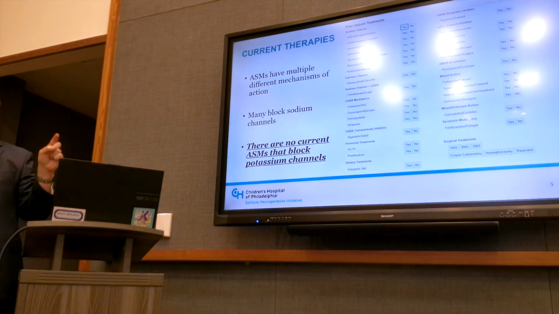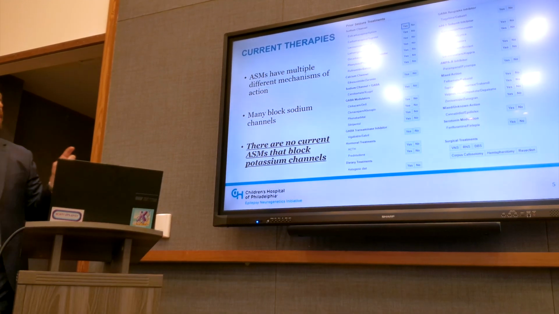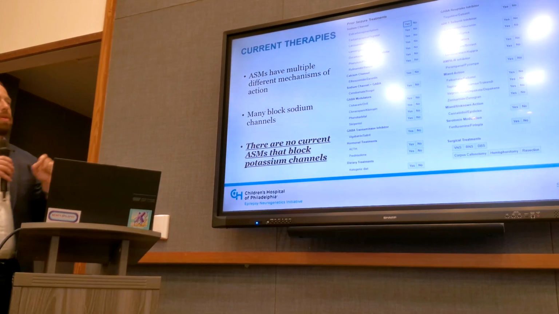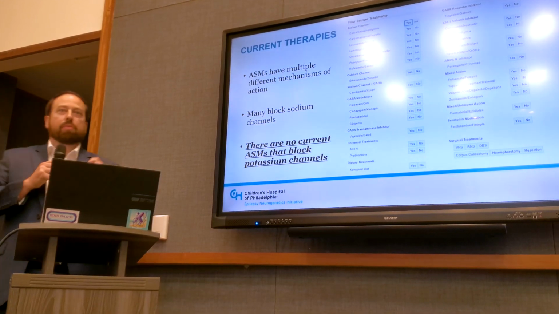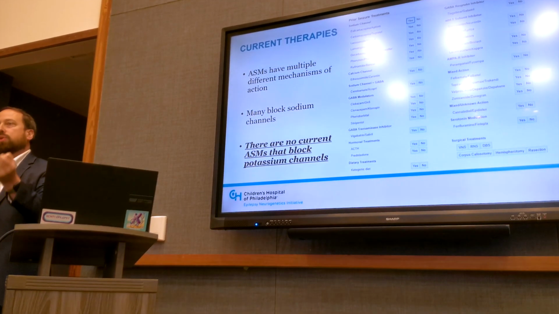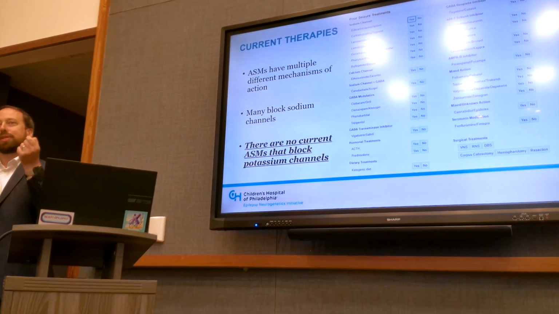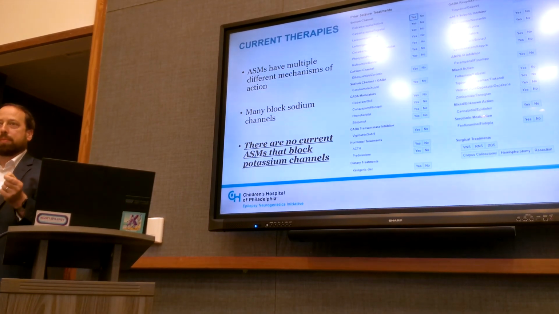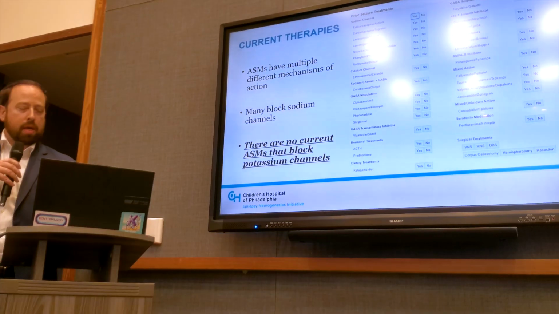That's the K in KCNT1. Nothing that we have on the market right now for prescription to provide to individuals who have KCNT1 actually works on potassium channels. That's the problem.